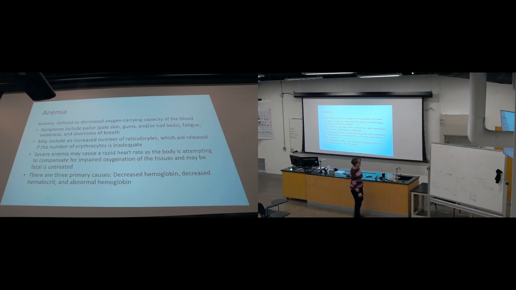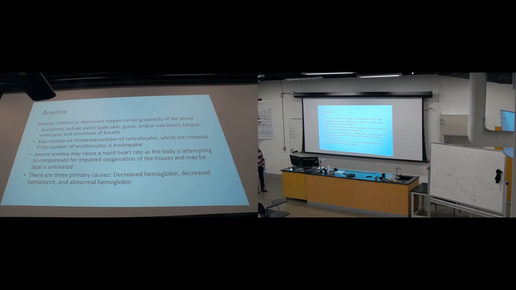Okay, now let's talk about some problems with blood. So anemia. Anemia basically is decreased delivery of oxygen due to poor capacity of the blood, which most of the time can be related to decreased red blood cell numbers, but also deficiency in nutrients like, for instance, iron.